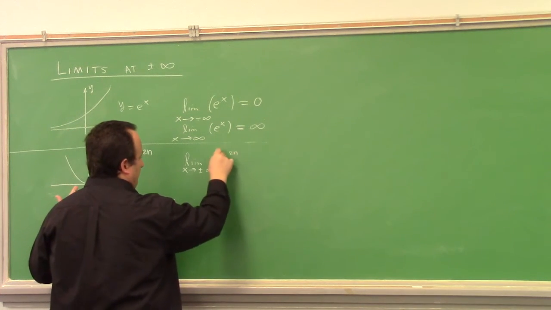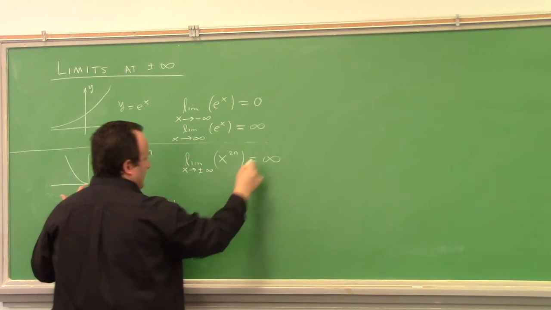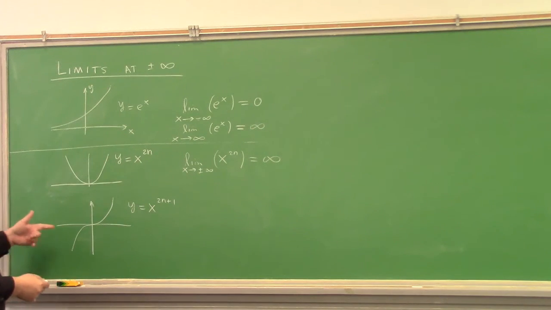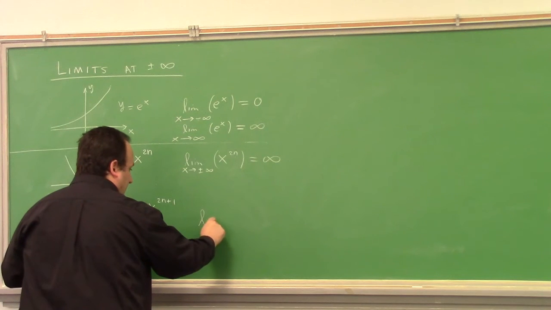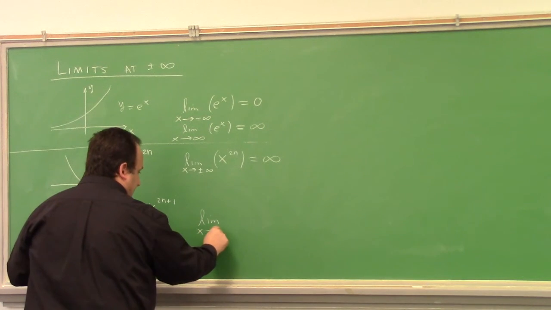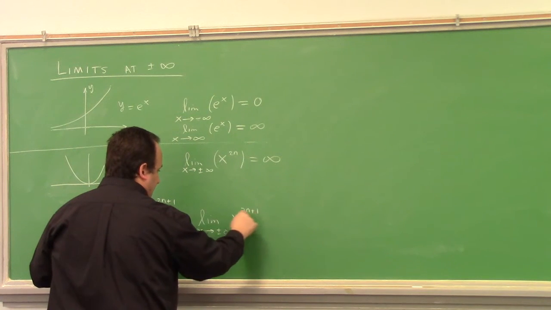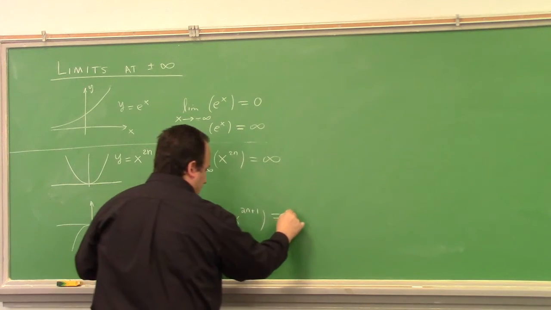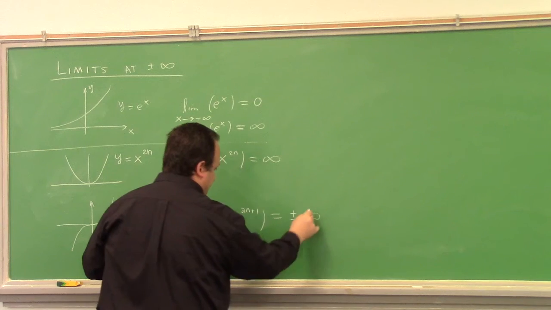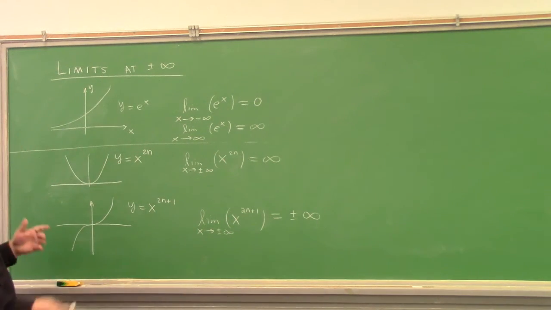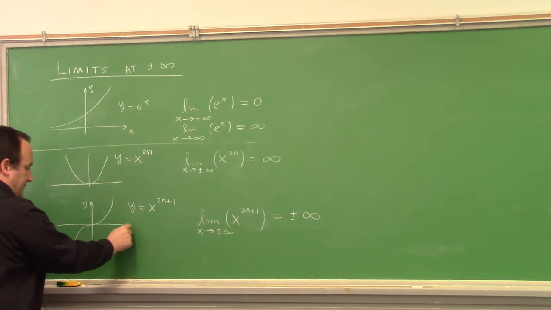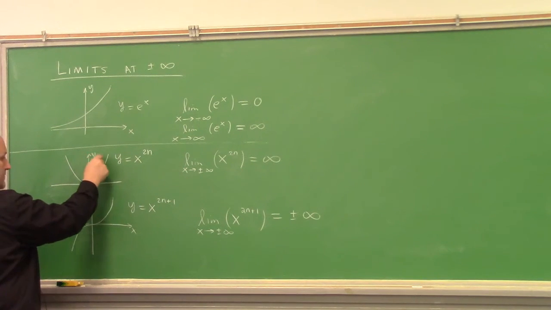It's infinity both times. In contrast, with an odd power, you get infinity in the one direction, but you get minus infinity in the other. So I can actually write it like that. It goes to minus infinity as you go to the left. It goes to plus infinity as you go to the right.